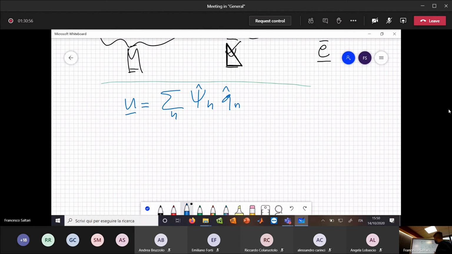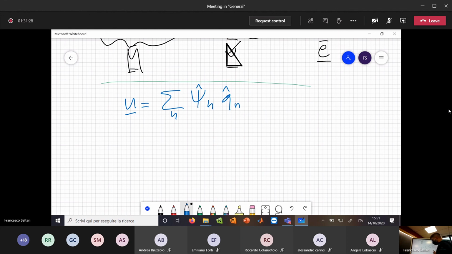Now we want to express another set of modes, mode shapes that are not the shape functions associated to the nodal displacement, but represent the mode shapes of the system.